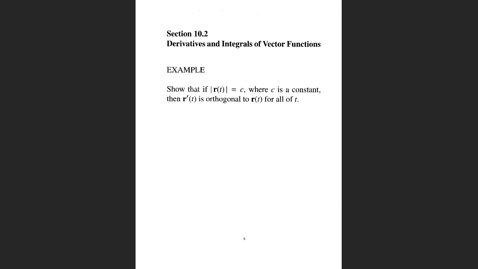Okay, so this is a truly fascinating result. It turns out that if you have a space curve and the length of your space curve, regardless of what value of t is, if the length or magnitude of your space curve is always a constant, turns out then that the derivative of your space curve, r prime of t, is going to be orthogonal to the space curve itself for any value of t. Orthogonal, of course, means perpendicular.